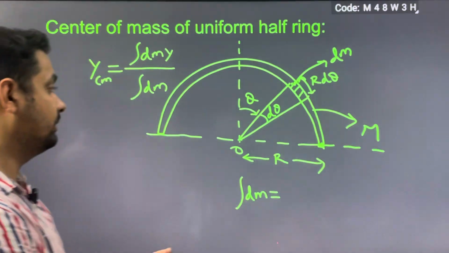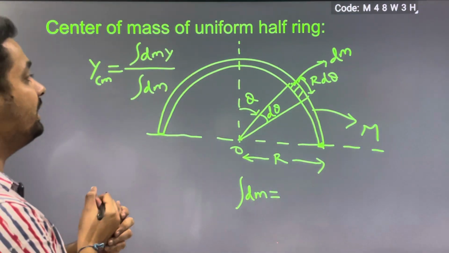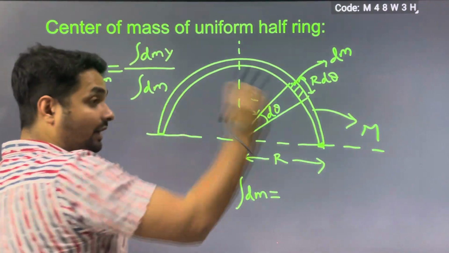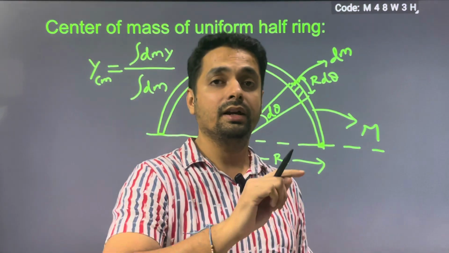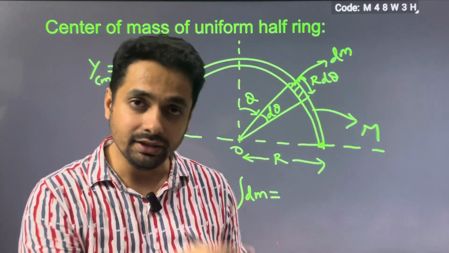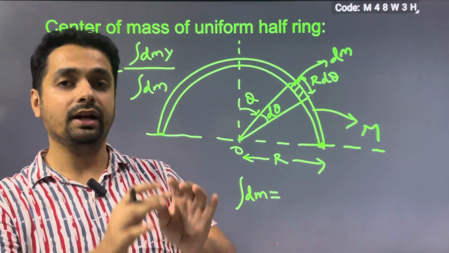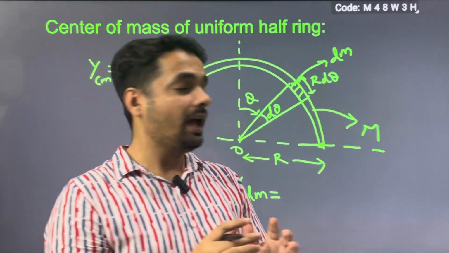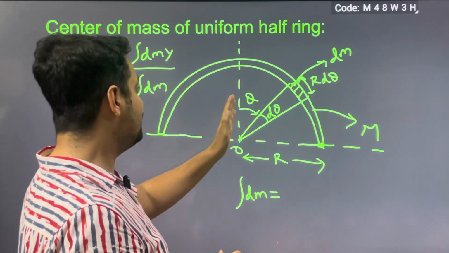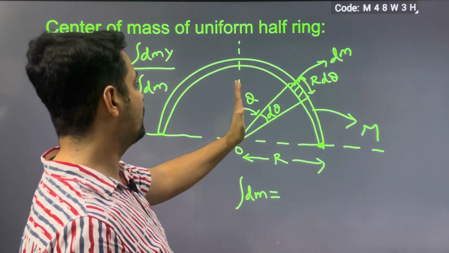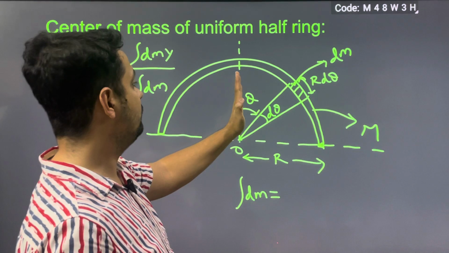So how will I write dm? Because it is a ring, the mass will be distributed along the length, not over an area. And here one thing you see, theta is changing from this point to this point.